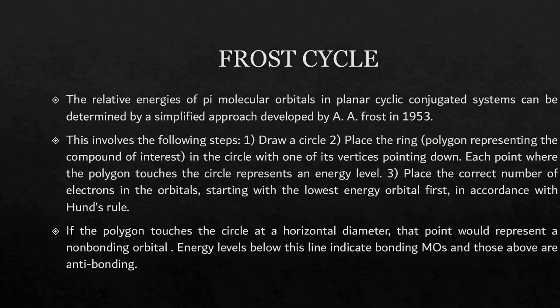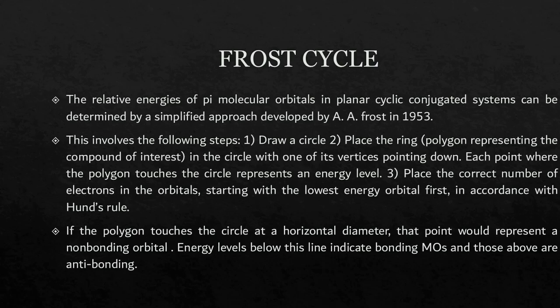When we look into the Frost cycle, it is one of the ways by which aromatic molecules can be depicted, and the relative energies of pi molecular orbitals in a planar cyclic conjugated system can be determined by a simplified approach developed by A. Frost in 1953.